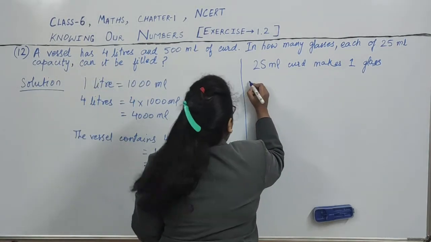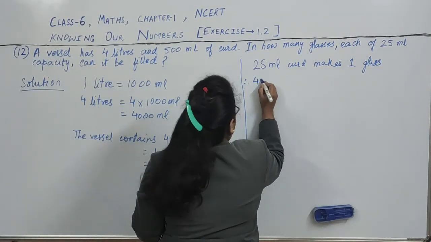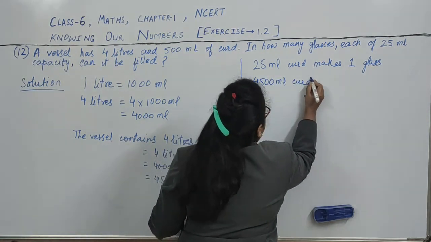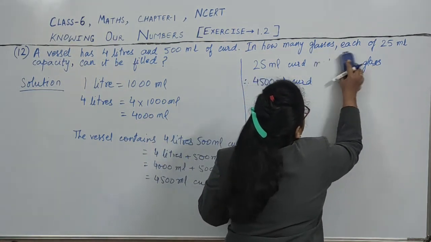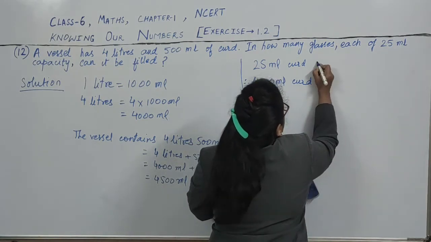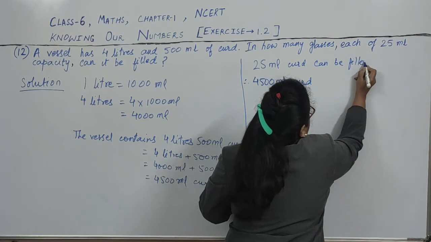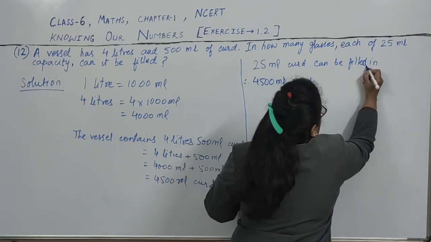So therefore 4500 ml curd, with 25 ml curd in 1 glass, the total curd, that is 4500 ml, can be filled in how many glasses?